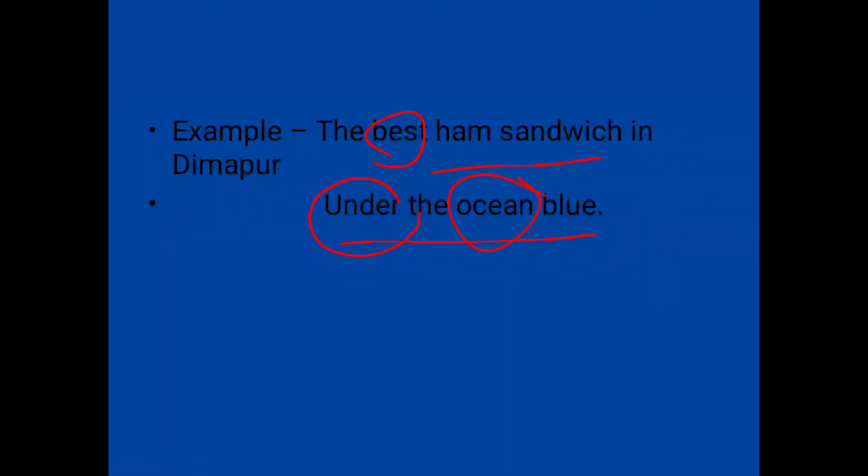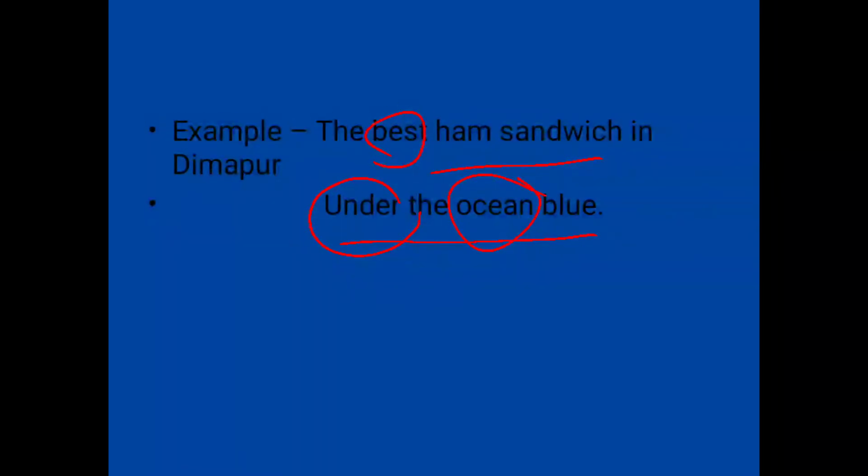So phrases are groups of words that act like parts of speech. This one, for example, is an adjectival or adverbial phrase, but we don't know which, because we don't know what it's modifying. And this one, "the best ham sandwich in Dimapur", is a noun phrase, behaving like a noun.